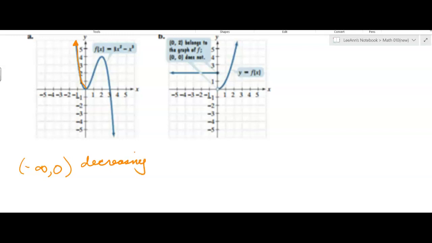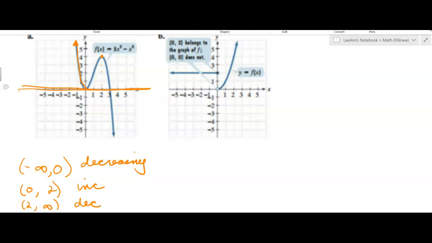Sometimes I just put DEC. And then from 0 up to, okay, where's it changing again? Up to 2, that is increasing. And then from 2 to infinity, it's decreasing. Now remember, you're reading along the x-axis here from left to right, okay?